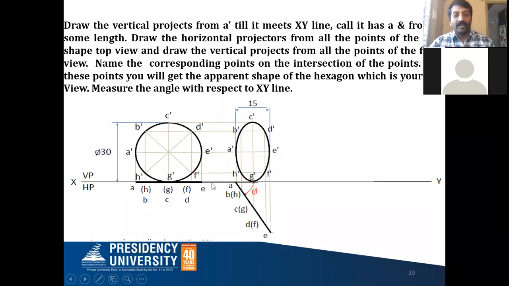So now wherever, for example here B, so this is B and this is B dash. B dash you can mark, H dash you can mark here, D dash you can mark, F dash you can mark. So these 4 points, after drawing the top view, you can mark.